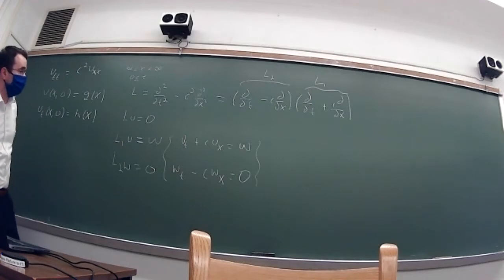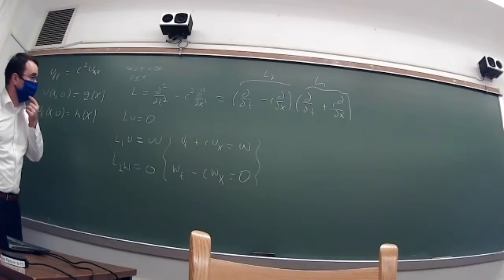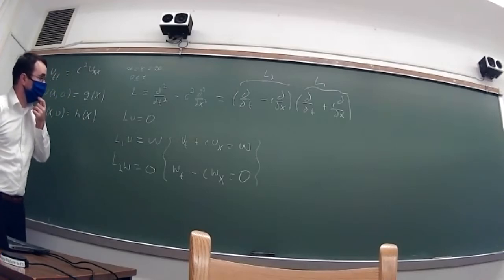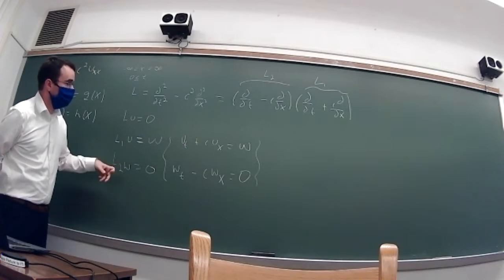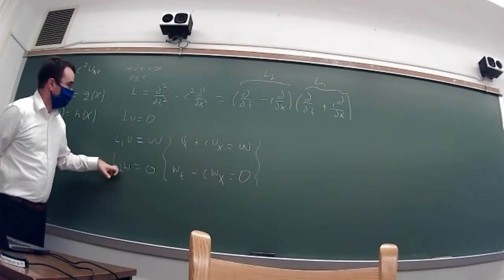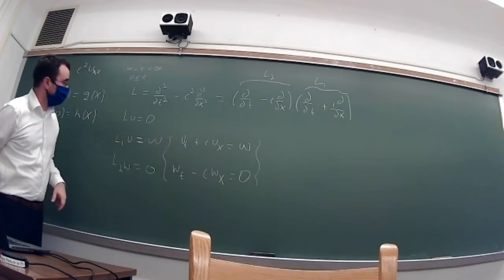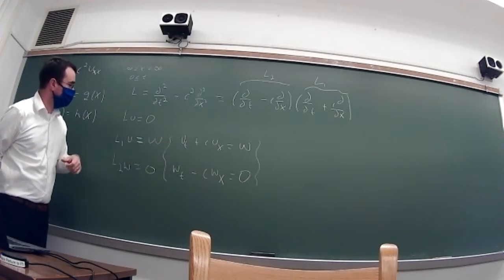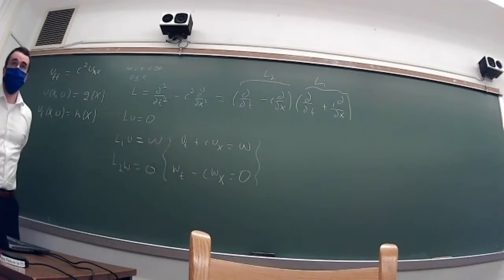The question was where did W come from? The answer is a little subtle. It's a variable in this system that you introduce to allow you to solve two equations just to get one.